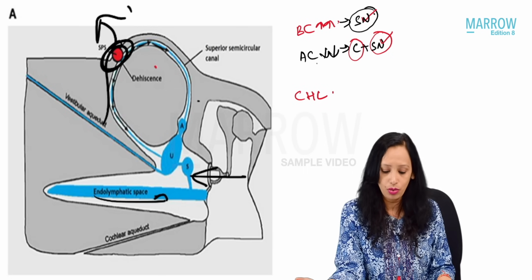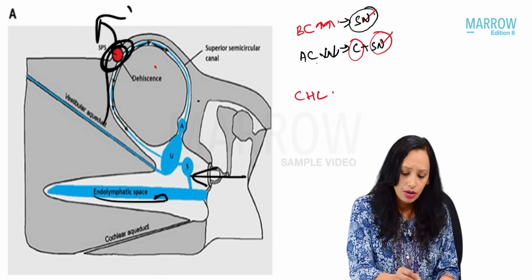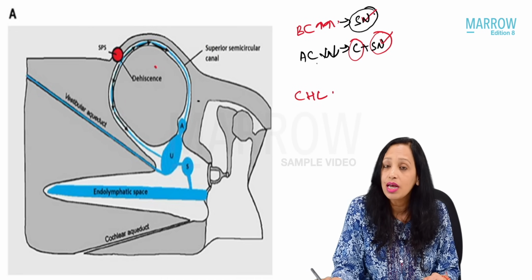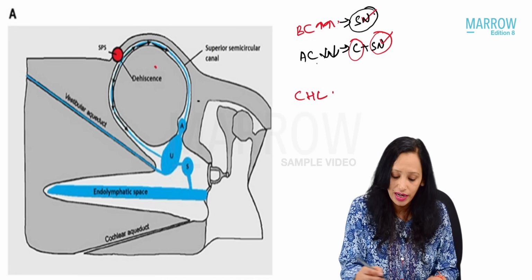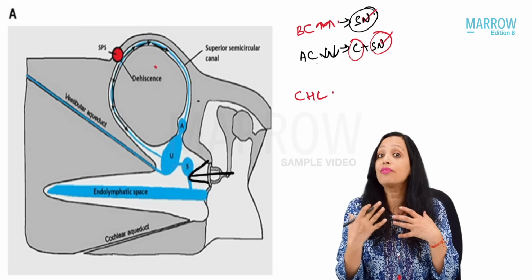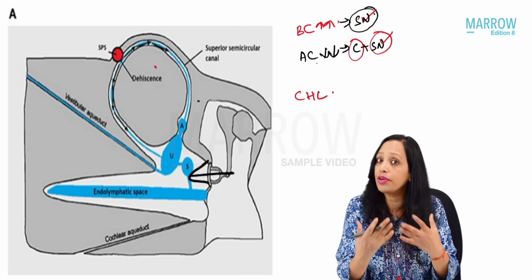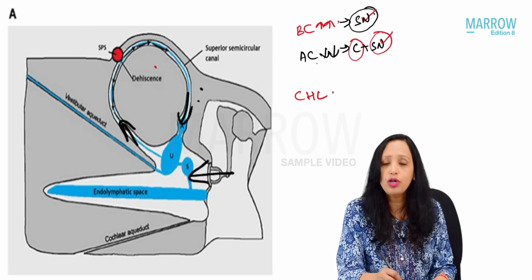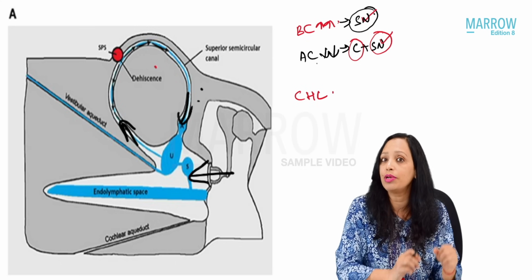Yes, and what about vertigo? Will this patient have vertigo and when will this patient have vertigo? Yes, this patient will have vertigo whenever there is excessively loud sound or excessive pressure changes which are entering into the inner ear. What will happen is there is abnormal movement of the endolymph because of this abnormal communication.